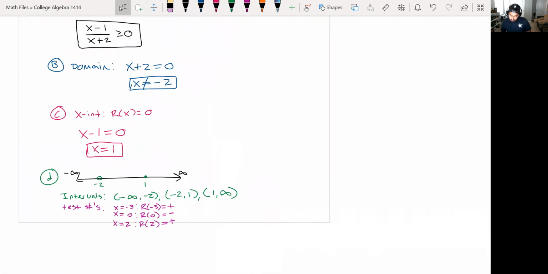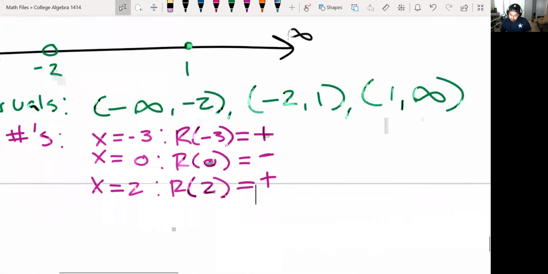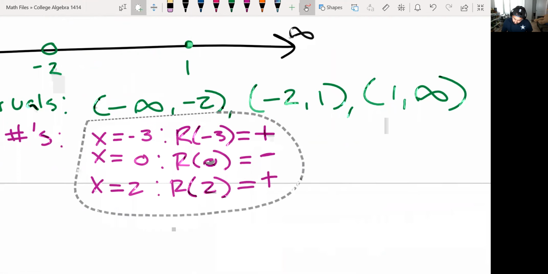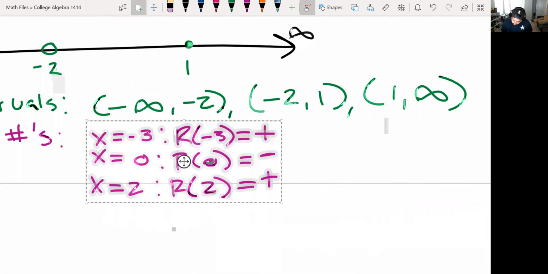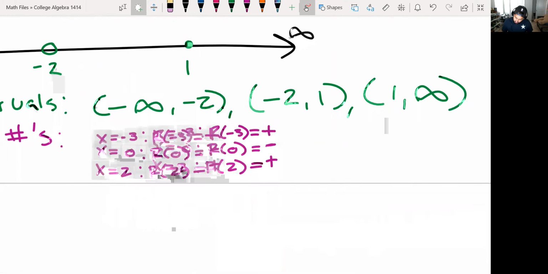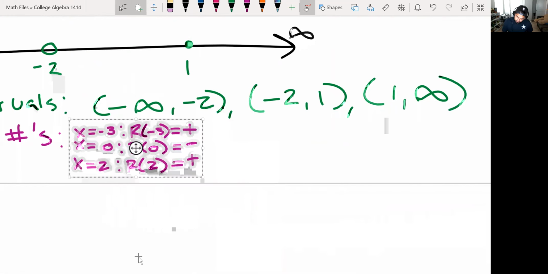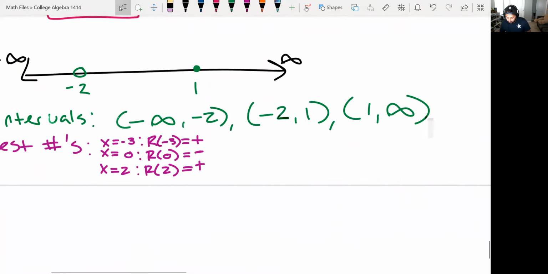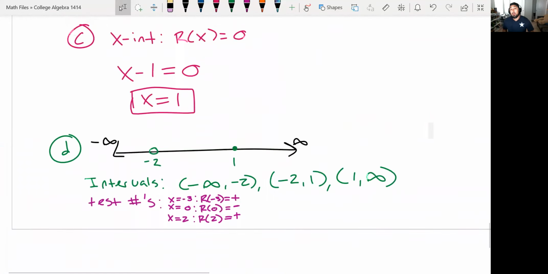And then, like I said, I'll just make this fit on the page. There we go. And now based on our signs, we can finish our sign chart, our number line.